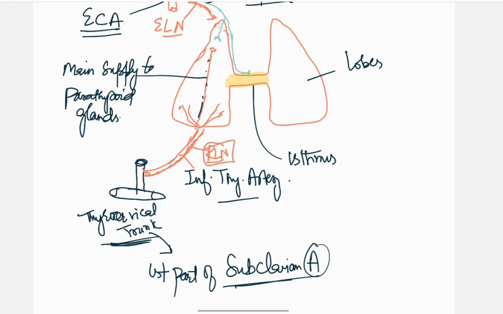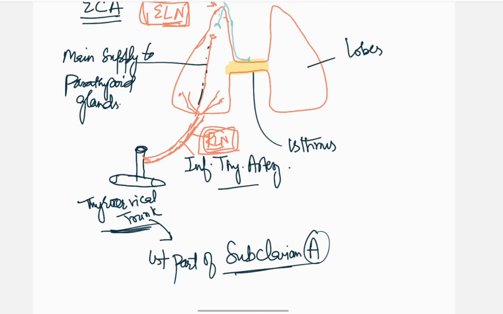That's why during surgical excisions, we have to keep this in mind while dissecting or ligating these arteries, that we shouldn't injure these nerves, because damage to these nerves can cause much damage to the nerve supply of the particular area.